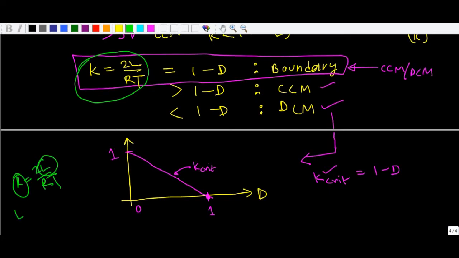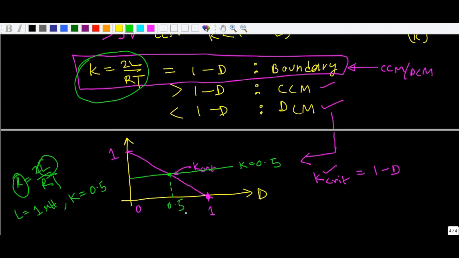Let's say we have L equal to 1 microhenry in the circuit, which gives a value of K, let's say 0.5. Then we have K equal to 0.5 here, and it intersects this critical curve at D equals 0.5.